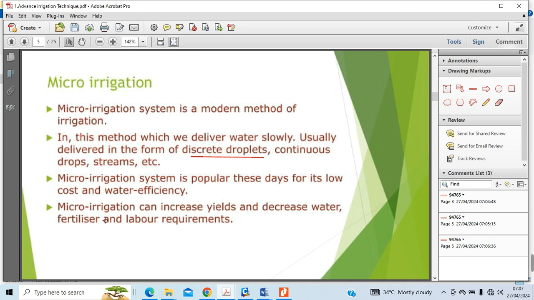Micro irrigation system can increase yields and decrease water, fertilization and labor requirement.